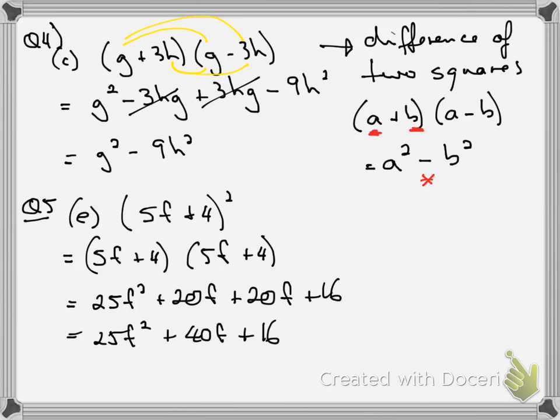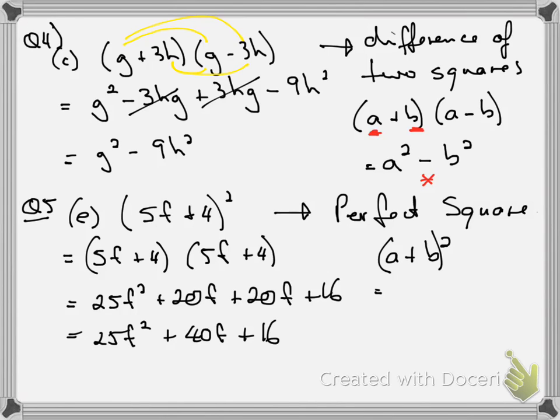But there is a quicker method, because we call this thing here a perfect square. And a perfect square looks like this: a plus b squared really equals a squared plus 2ab plus b squared.